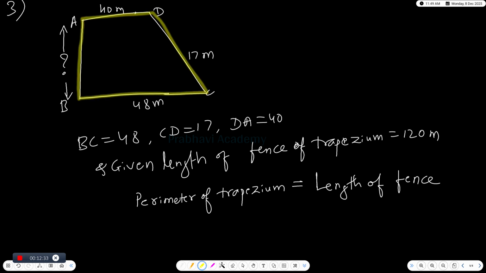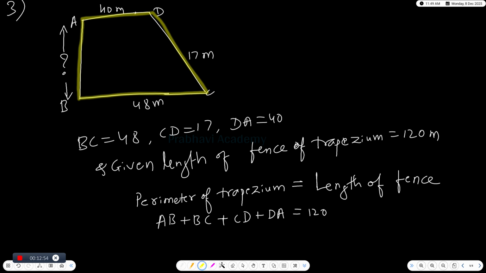So that means length of the fence is equal to perimeter of the trapezium itself. Now perimeter of trapezium, what is the formula? Sum of all sides, that is AB plus BC plus CD plus DA or AD, that is equal to 120.